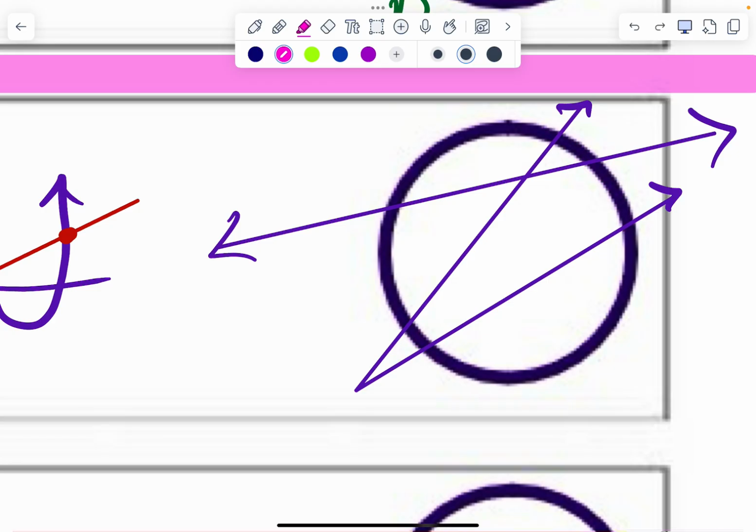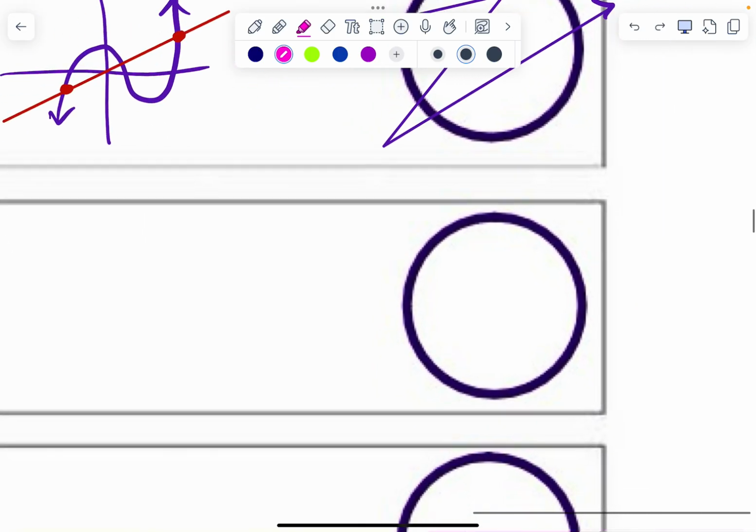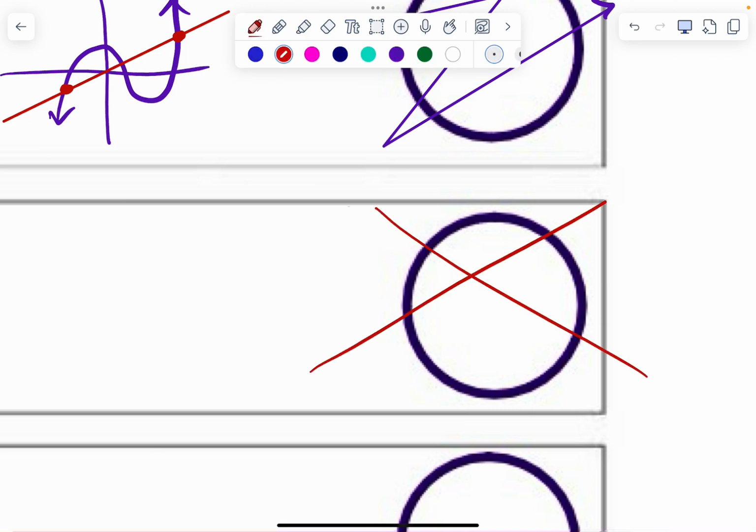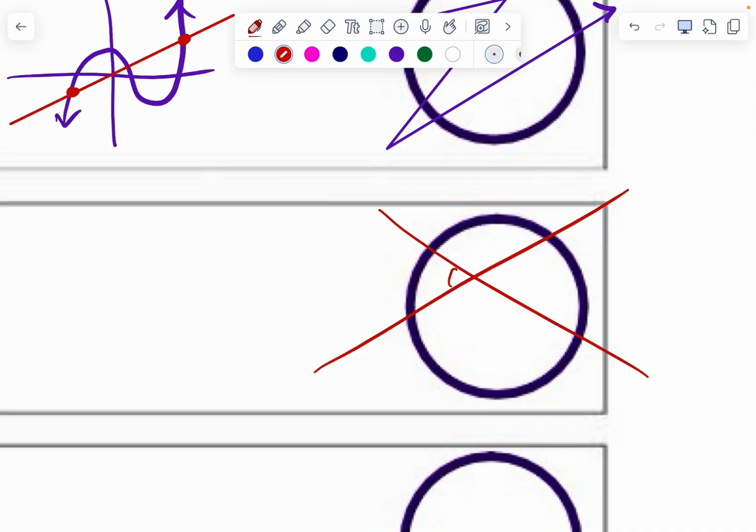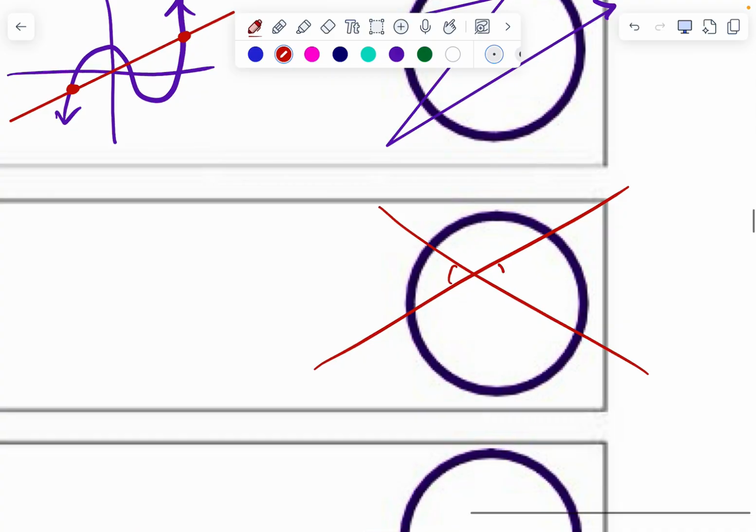We could also, I don't want to busy that picture. Maybe we have 2 secants that intersect somewhere inside the circle. Well, now we have that angle, which we know is vertical to this angle. Those are congruent. But those are related to those 2 arcs. So with secants, you're always looking at 2 arcs instead of just 1. Okay?